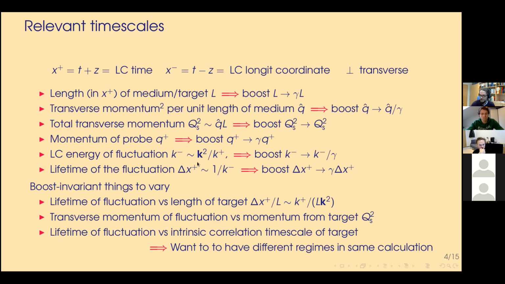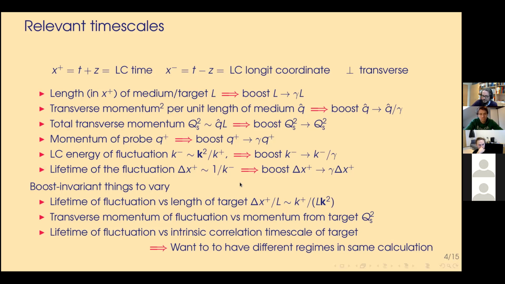I don't know if you're familiar with these. You might or might not be, but a simple calculation with this coordinate system will show you that K minus, the light cone energy, goes like K transverse squared over K plus, where the boldface K is transverse. There might or might not be a factor of 2 here, depending on your conventions.